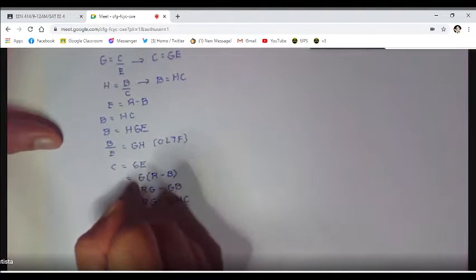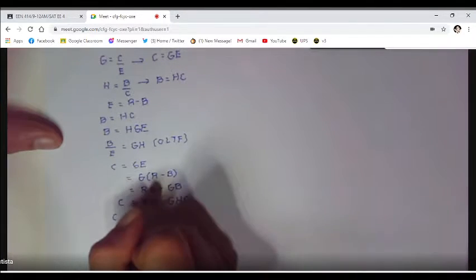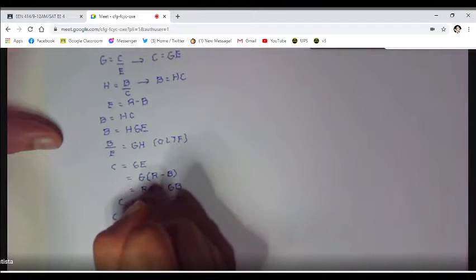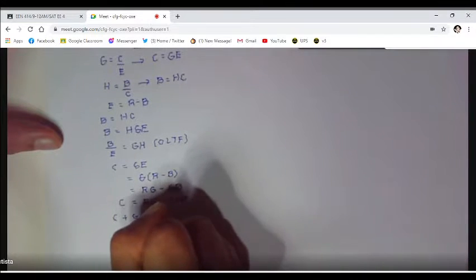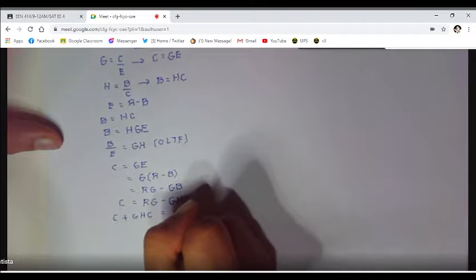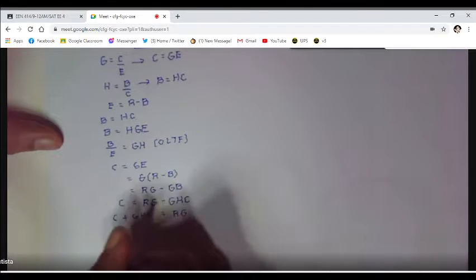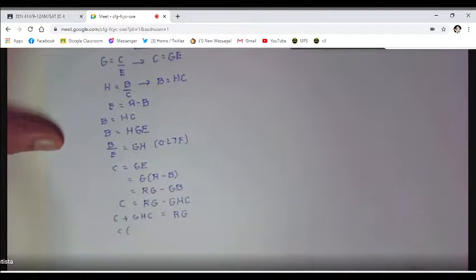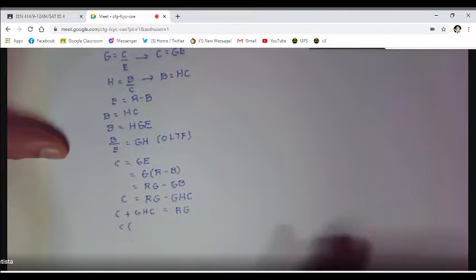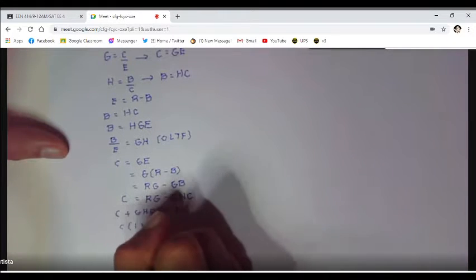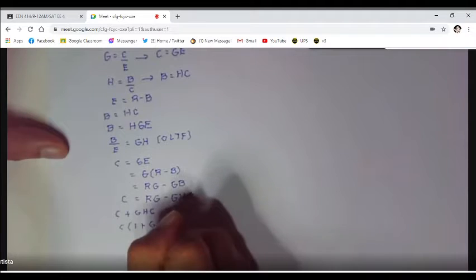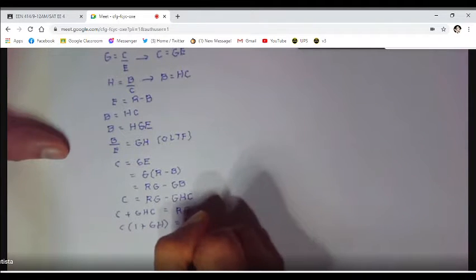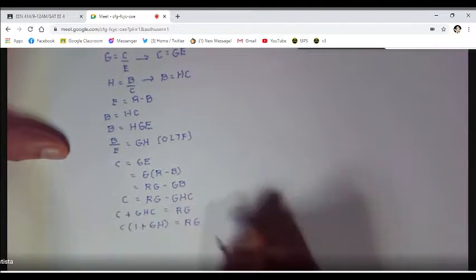So that is C plus GHC, that is equal to RG. So C is common, we take out the C. That is 1 plus GH. Okay, and that is equal to R multiplied by G.